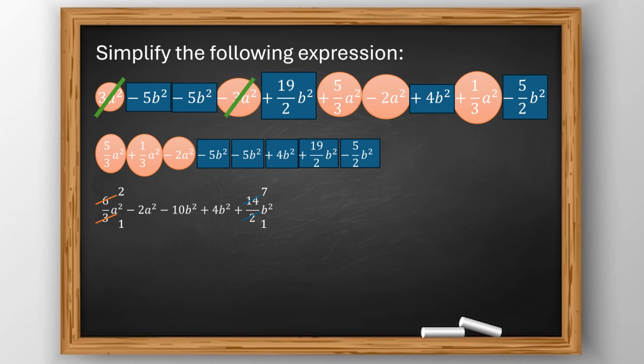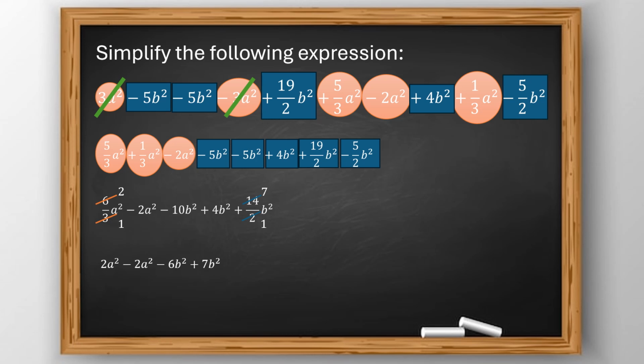Since both the numerator and the denominator are divisible by 2, this means that 14 divided by 2 is equal to 7, and 2 divided by 2 is equal to 1.